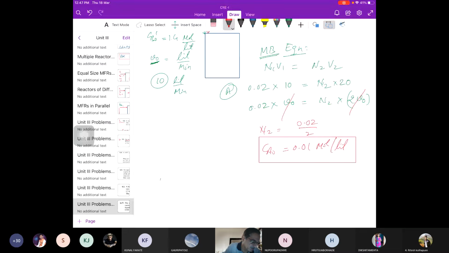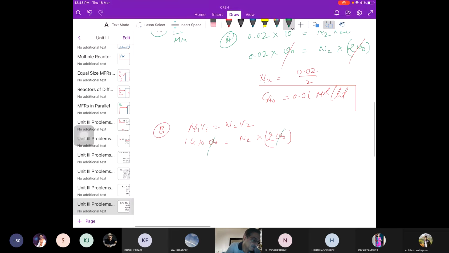Similarly, I can do it for B. And I have 1.4 into V naught is equal to N2, I don't know, into 2 times V naught. Volume is doubling. So V naught cancels out, doesn't matter what the volume flow is.